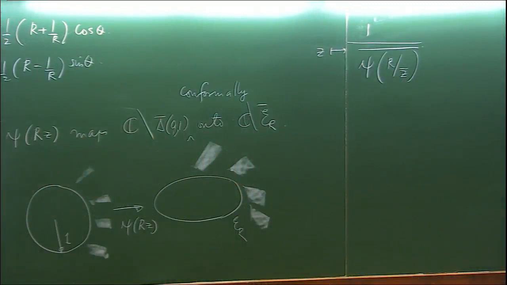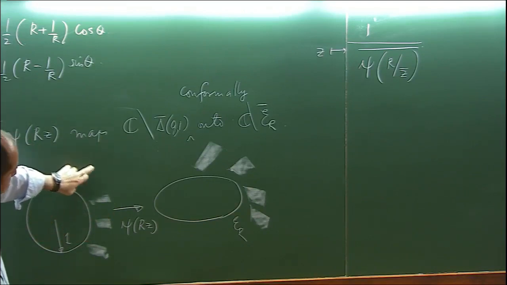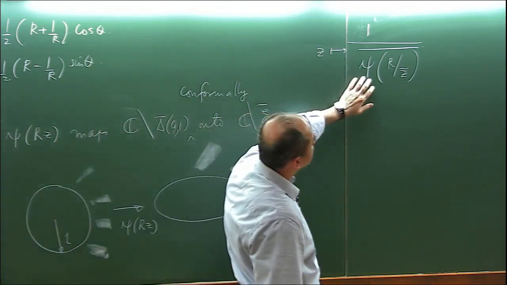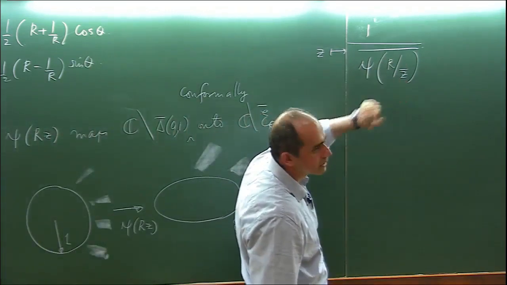So r by z bar is going to take a point inside and bring it outside, on which the map psi is well defined. But then I need to take one more bar here to get a conformal map.